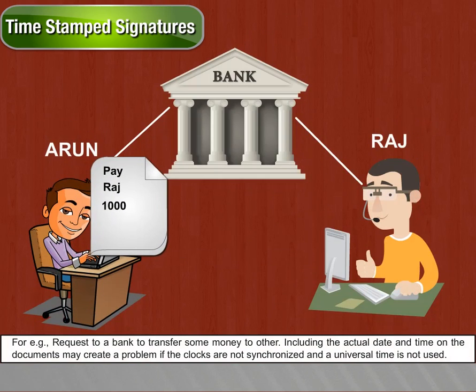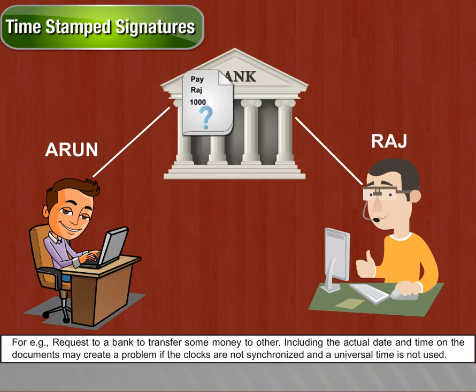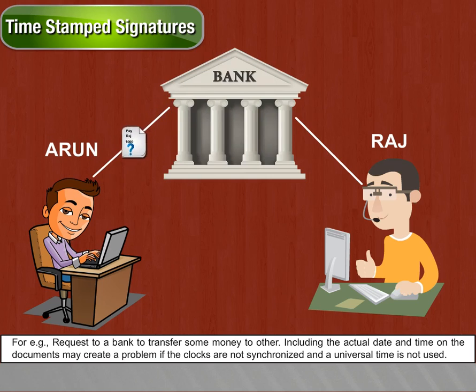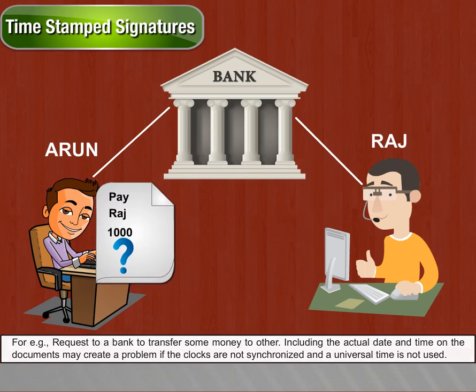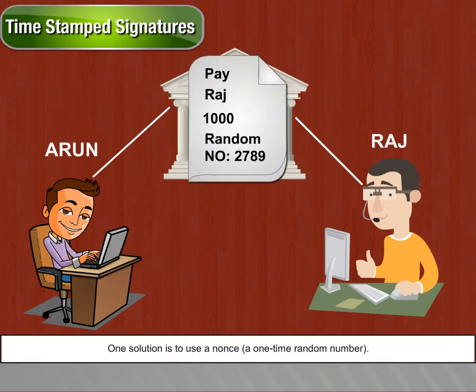For example, a request to a bank to transfer some money to another, including the actual date and time on the documents, may create a problem if the clocks are not synchronized and a universal time is not used. One solution is to use a nonce, a one-time random number.